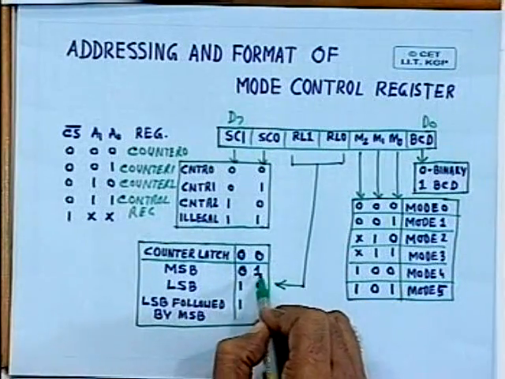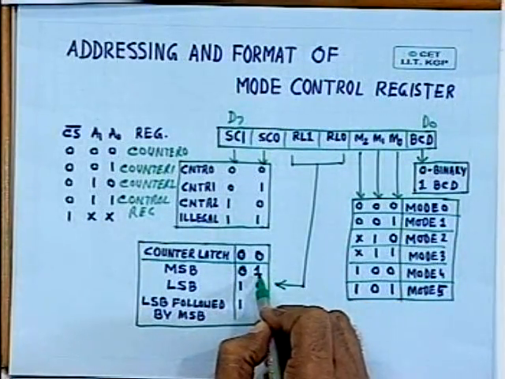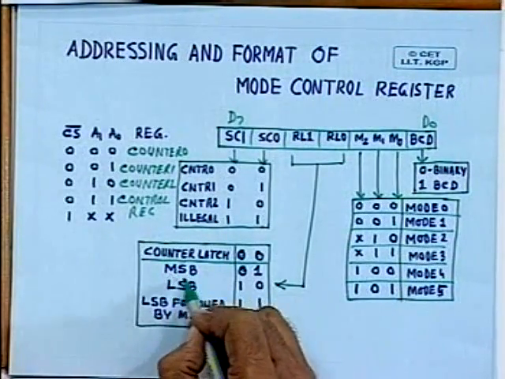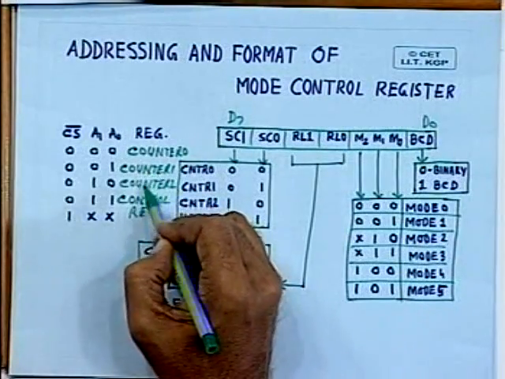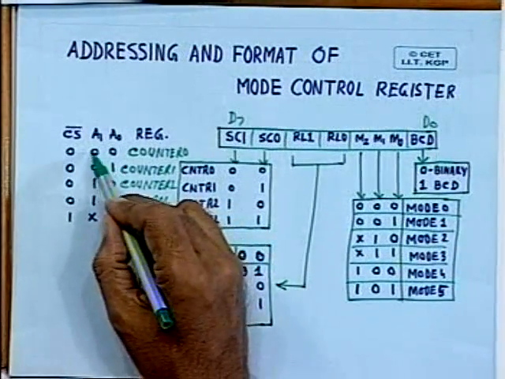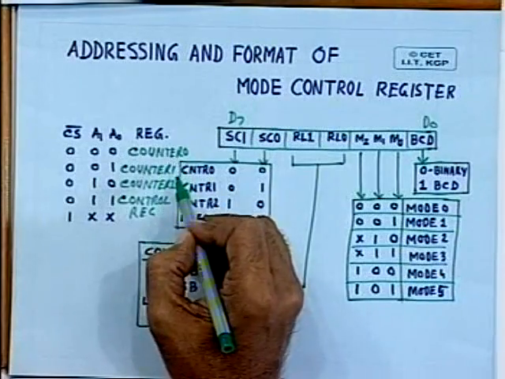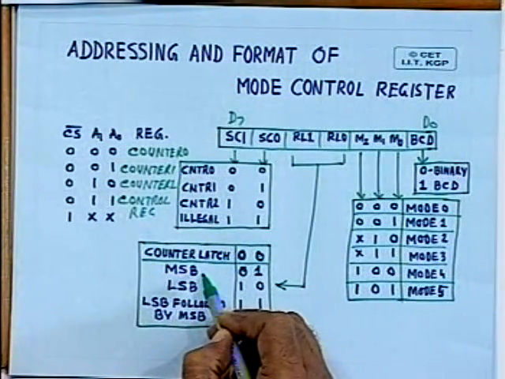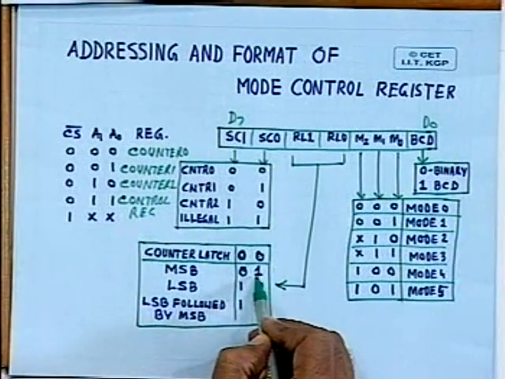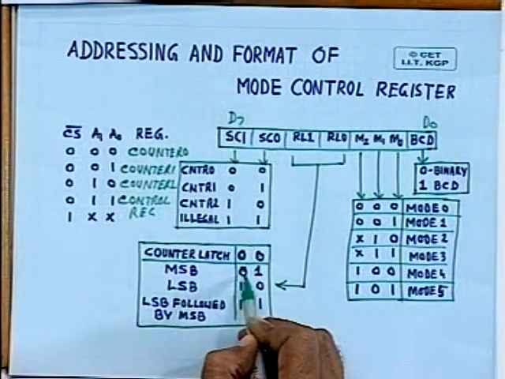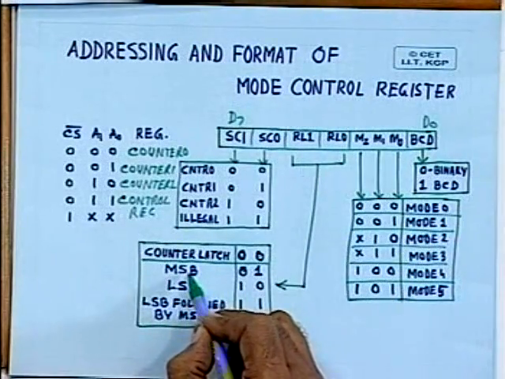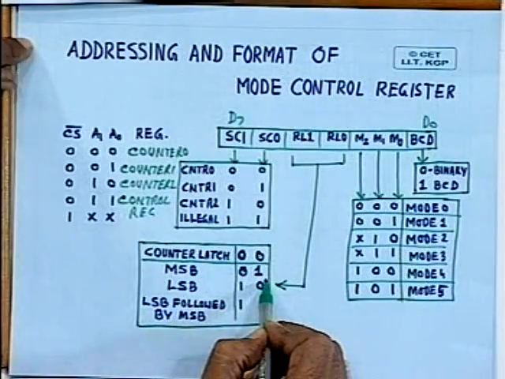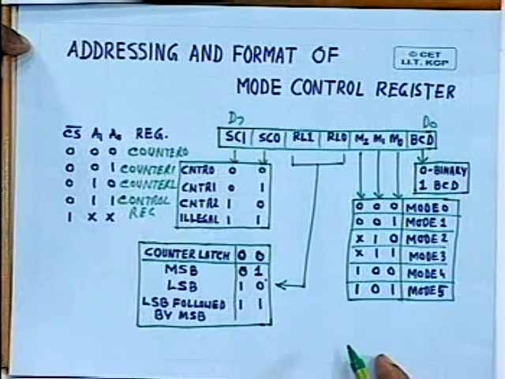And whenever these 2 bits are 0, 1, then you can access the MSB. That means the most significant byte of any one of the counter values, depending on the address here, counter 0, counter 1 or counter 2 can be accessed. You can write or read with the help of this, whenever you write 0, 1, then MSB. And whenever it is 1, 0, then the lower order byte can be accessed of any one of these counters.